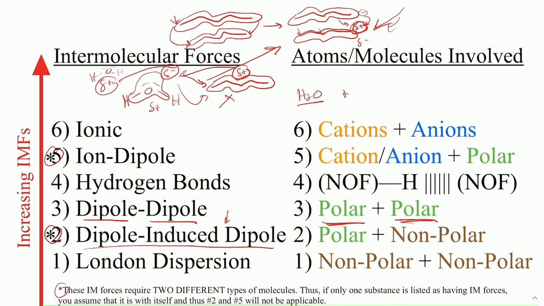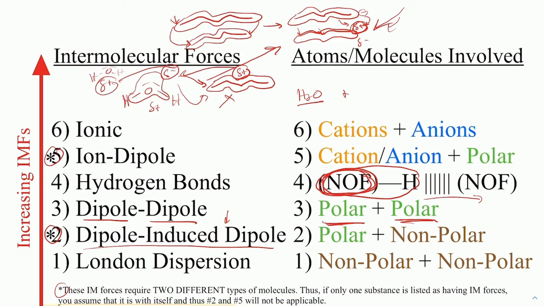Now, the next level, a steroid version of dipole-dipole interactions, are what we call hydrogen bonds. Hydrogen bonds are defined by having an H bound to N, O, or F, and then it's interacting with another N, O, or F. Now, the reason that this is so powerful, and even stronger than a regular dipole-dipole, is because the electronegativity values of N, O, and F are very high.